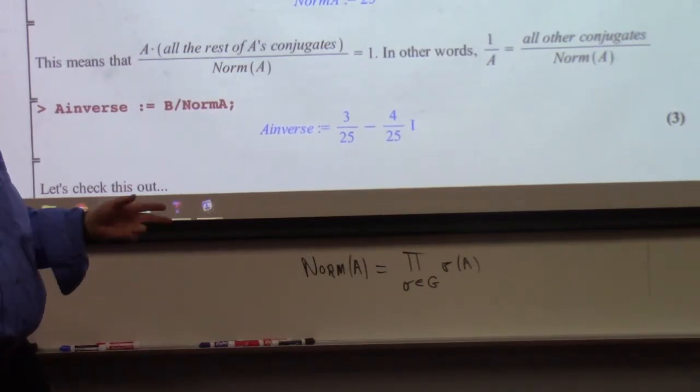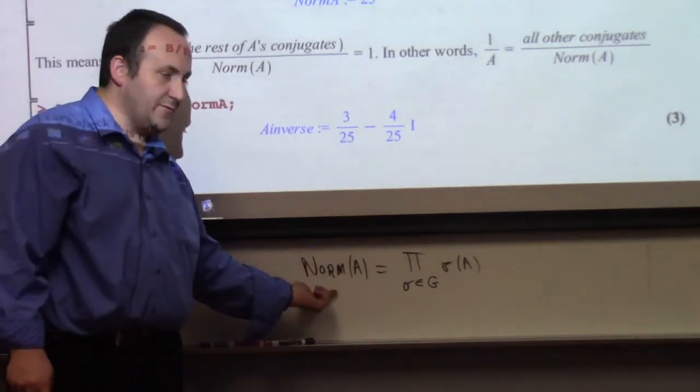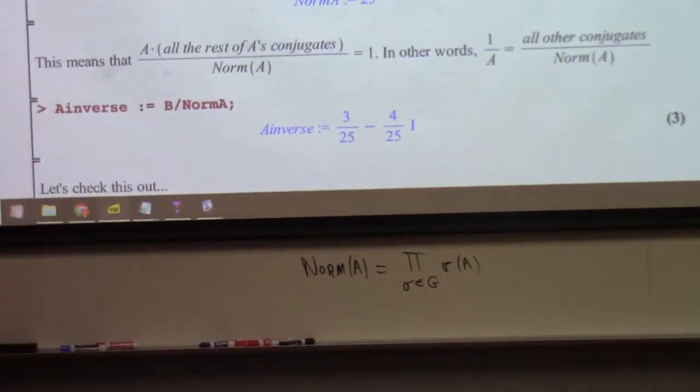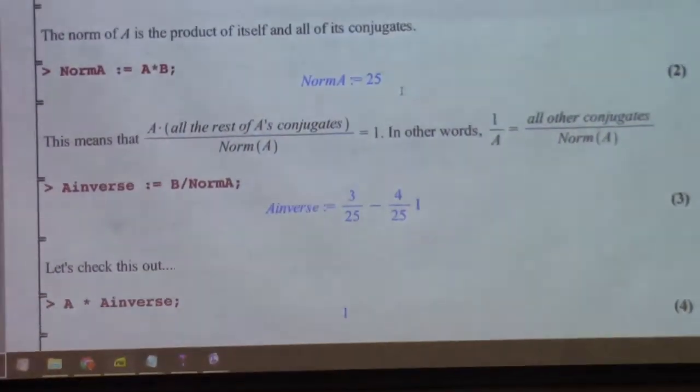Because if you hit the norm of A with an automorphism, all it's doing is rearranging the product. So it's the same thing. So it's fixed. In other words, if we're working over Q, it's got to be in the fixed subfield. Certainly, the norm is something in Q. So that's why I say it's a norm, in the same sense we talk about norms in number theory.